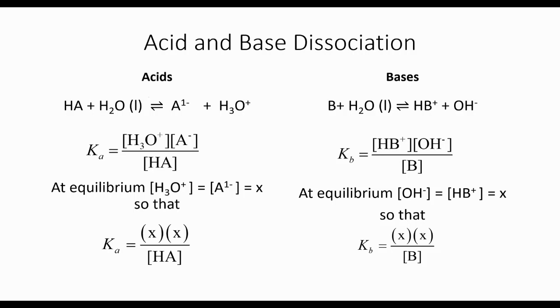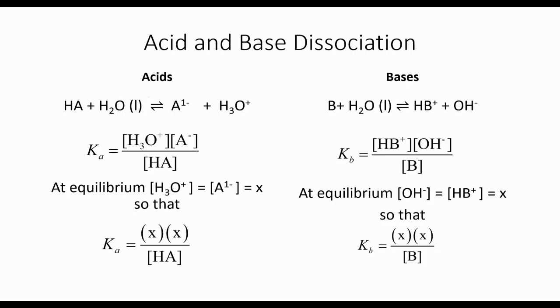At equilibrium, if you look at the stoichiometry, under acids, the A negative, the base, and the hydronium are going to be equal to each other, and they'll have the value of X, some unknown value that we're going to solve for. For the bases, the HB positive, that conjugate acid, and the hydroxide, well, they're going to be equal to each other. Whatever that value is, that's X. We're going to solve for that.